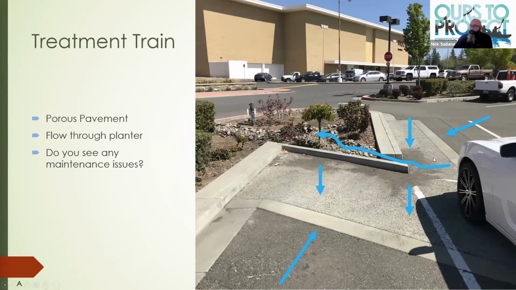From an inspection and maintenance standpoint, if you're seeing the sedimentation here, you're going to anticipate that this cobble or drain rock also is inundated with some of that sediment and is going to need some maintenance. So these are things to watch for and address during your maintenance inspections and care.